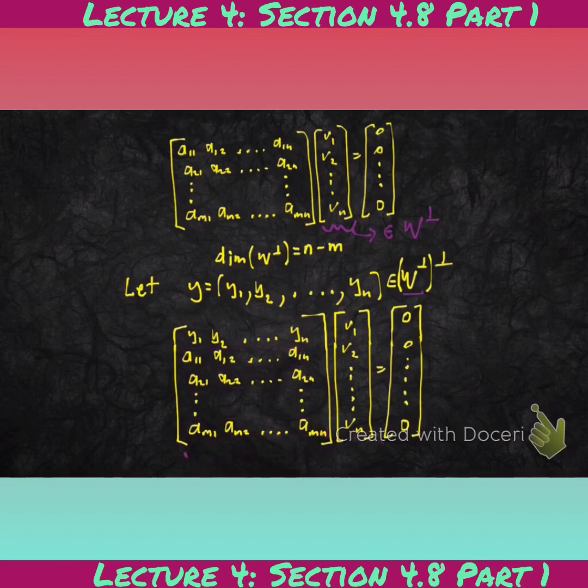Now, to determine the null space of this matrix, we're going to reduce it to its reduced row echelon form.